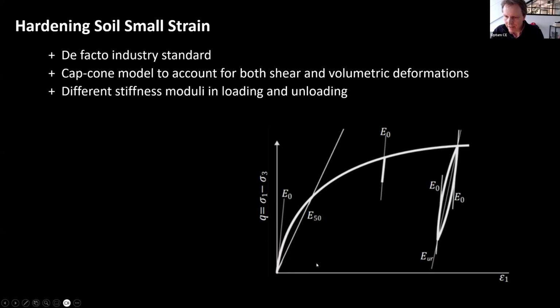In hardening soil small strain, first of all, you have a variable stiffness, and then there's also a distinction between the stiffness in loading and unloading. That's not really so important if you just have monotonic loading. But nevertheless, the important thing is the non-linearity of the stiffness as you increase the load, starting from a potentially very large stiffness, E0, and then going to, at 50%, the E50, the secant modulus corresponding to half of the ultimate load.